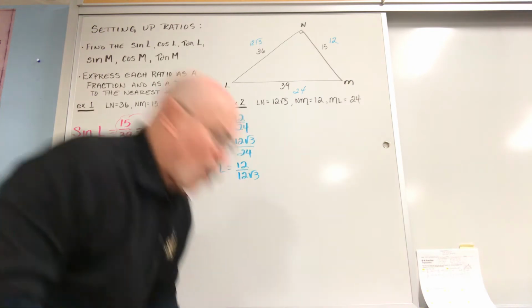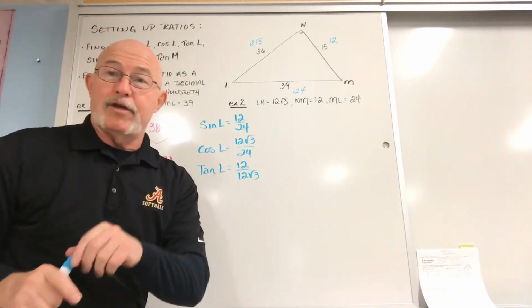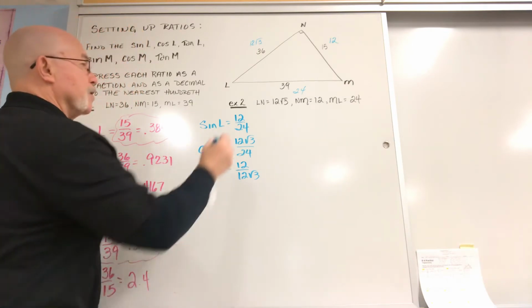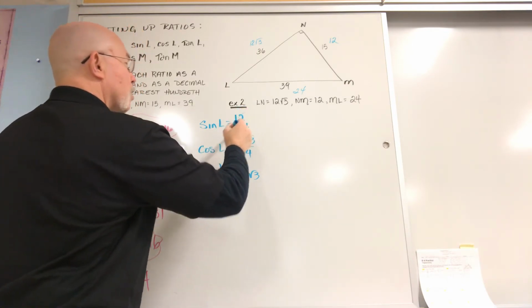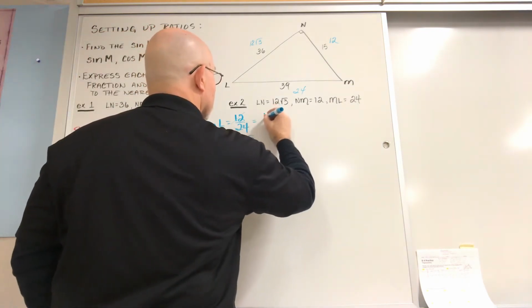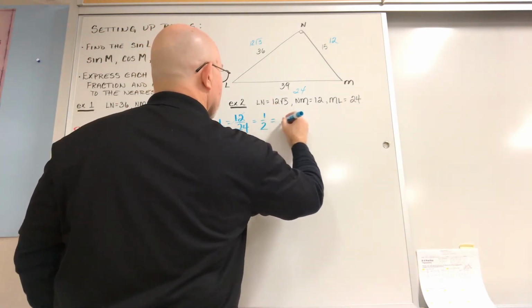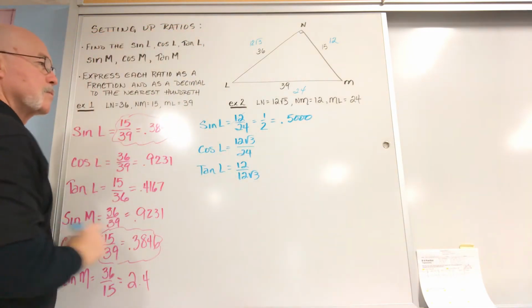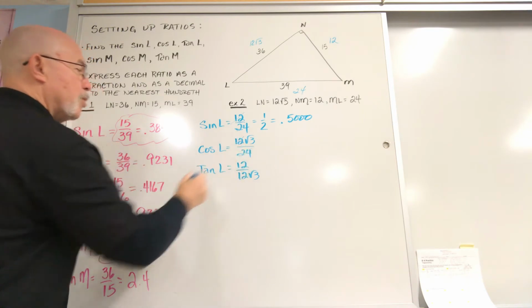Okay? When you see this, and those of you that have picked up on this, yeah, it's a 30, 60, 90, watch what happens. Boom, boom. 1/2. Okay? Boom, boom.